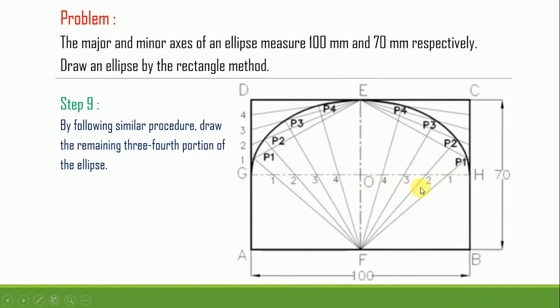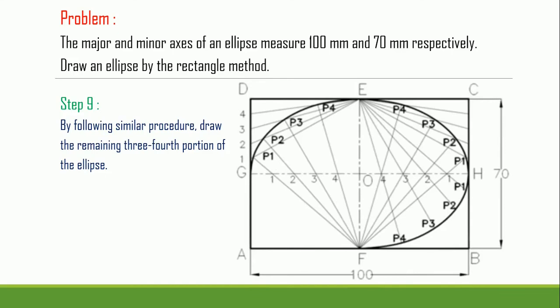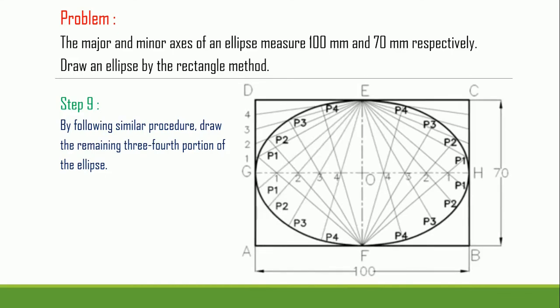The distance OH is again divided into 5 equal parts, and we follow the same procedure, and we obtain the points P1, P2, P3, P4 again, and we connect all of them by a smooth curve, and thus we obtain the second fourth portion of the respective ellipse, and the same procedure is followed for the remaining part of the ellipse.